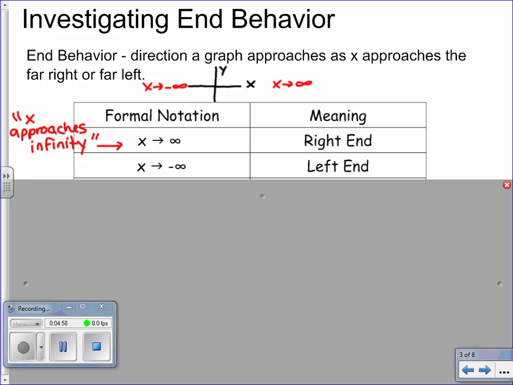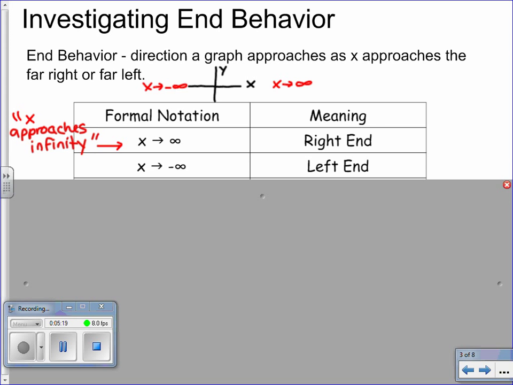Now, to talk about our polynomial, we want to know, what does the polynomial do on the far right or the far left? Is it always going up? Or is it always going down? So we want to talk about what's happening with our y values. Okay.